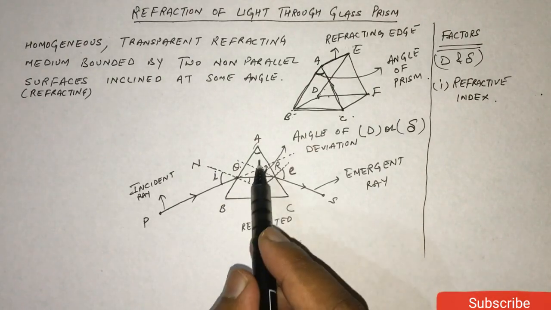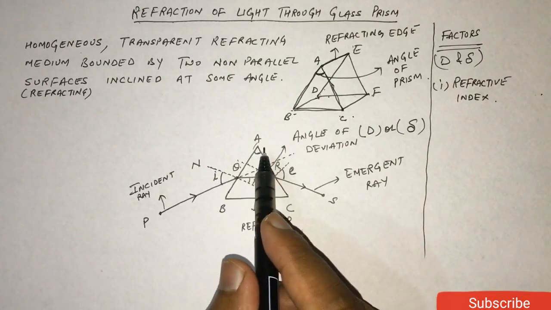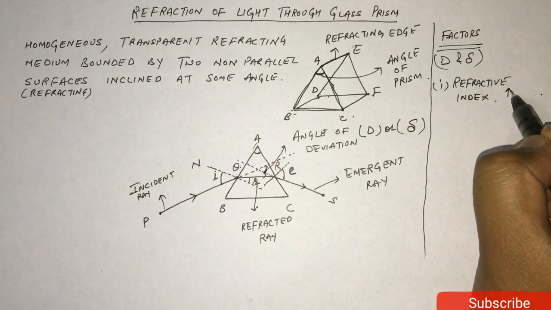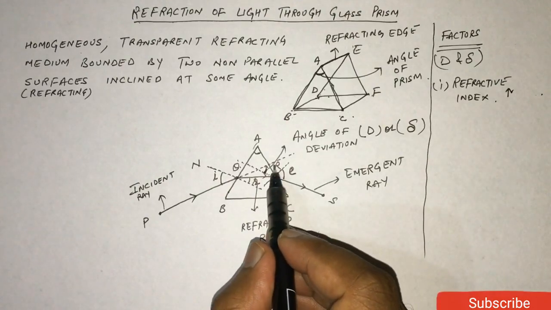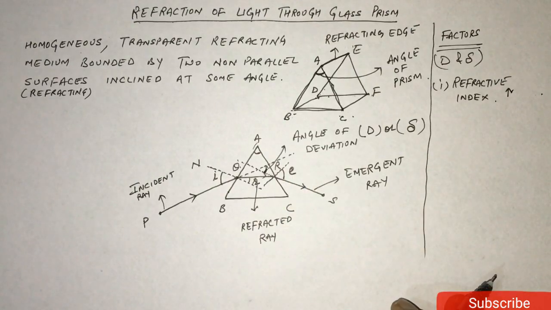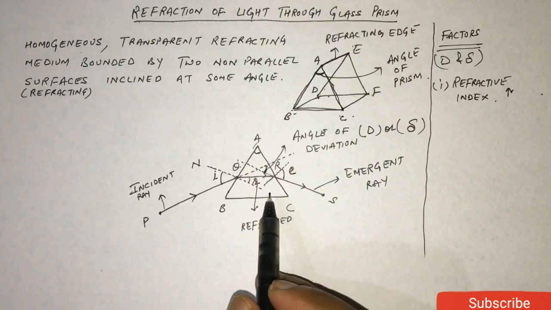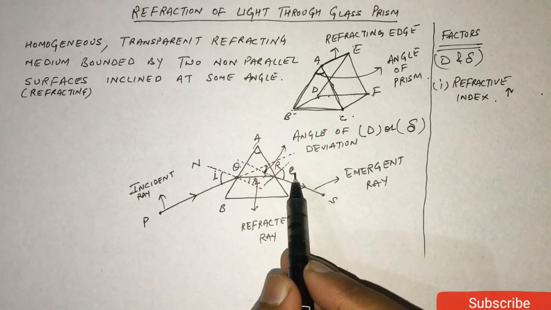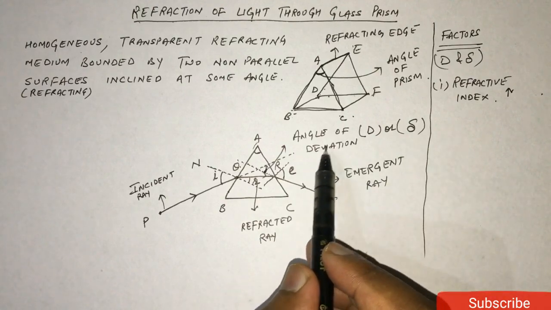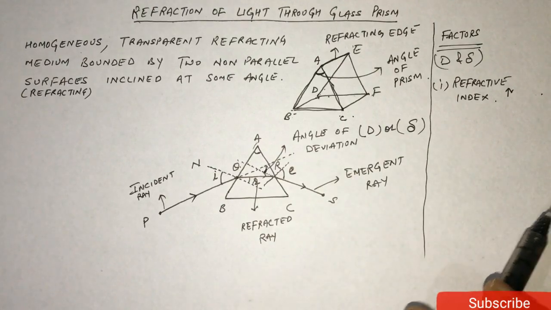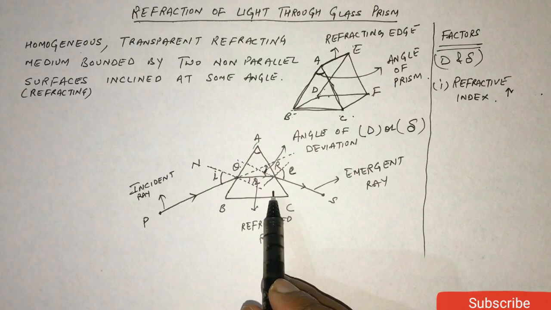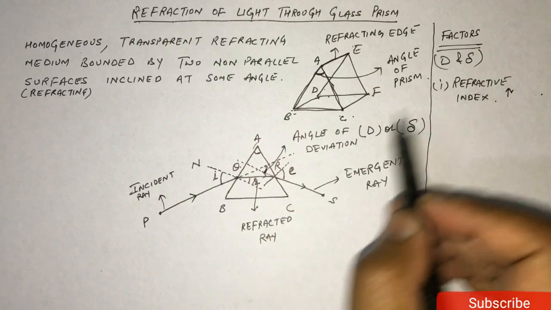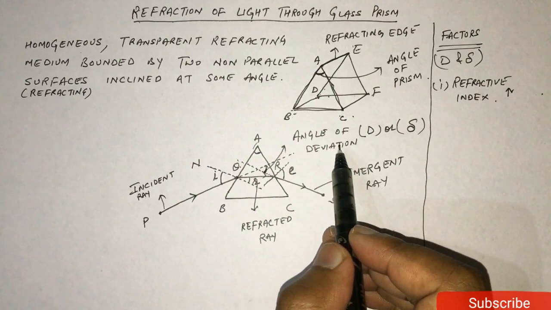Refractive index of this material. Greater the refractive index, greater will be the angle of deviation. Clear? Means if the density of this material is greater, then the angle of deviation increases. With increase in refractive index of the prism, the angle of deviation increases.